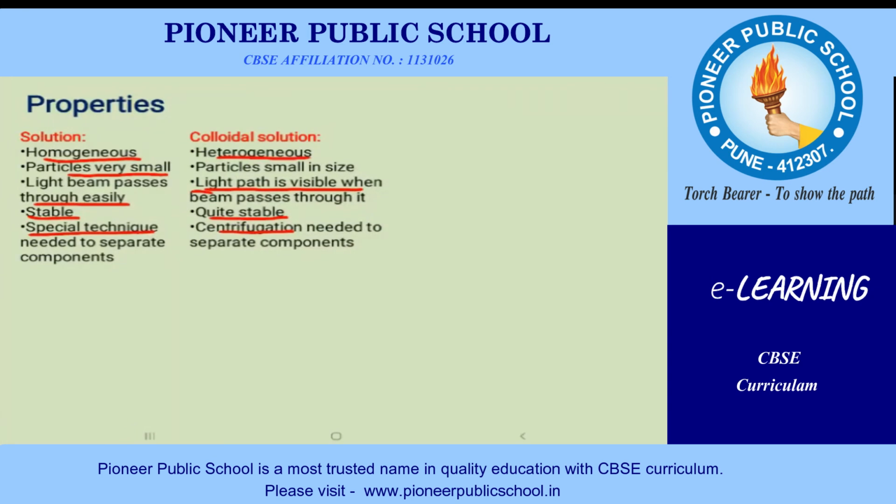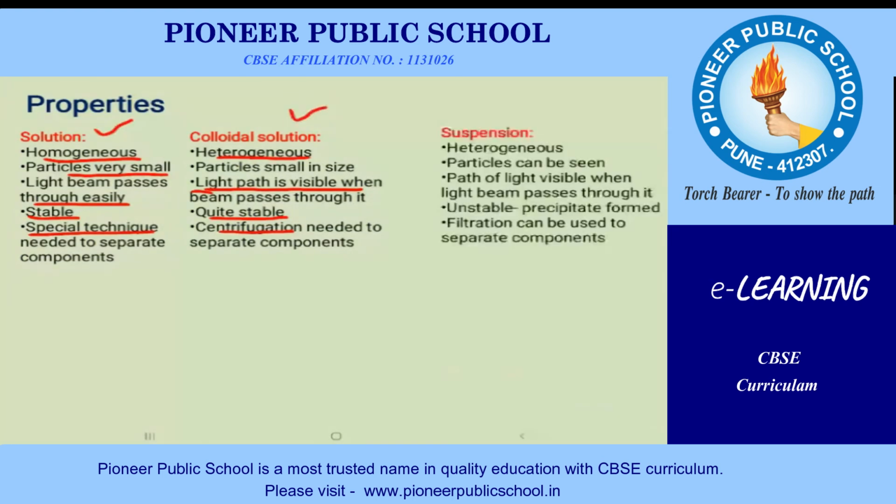Now students, we have studied homogeneous solution and heterogeneous colloidal solution. Let's study suspension. Suspension is also a heterogeneous solution. In this, particles can be seen with our eyes, and as their size is big, the path of light will be visible as the light beam gets scattered because of these particles.